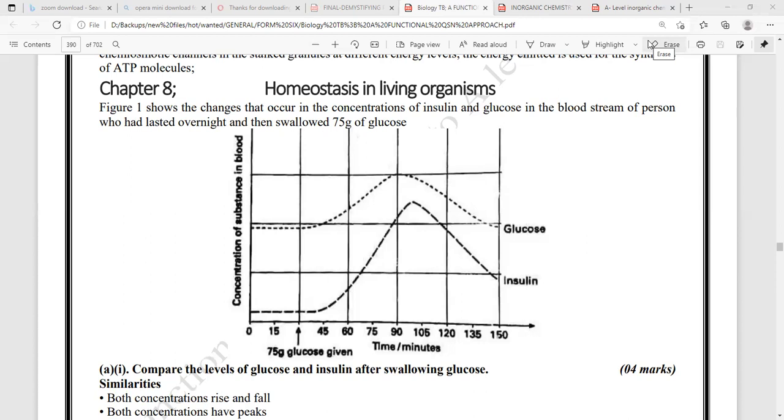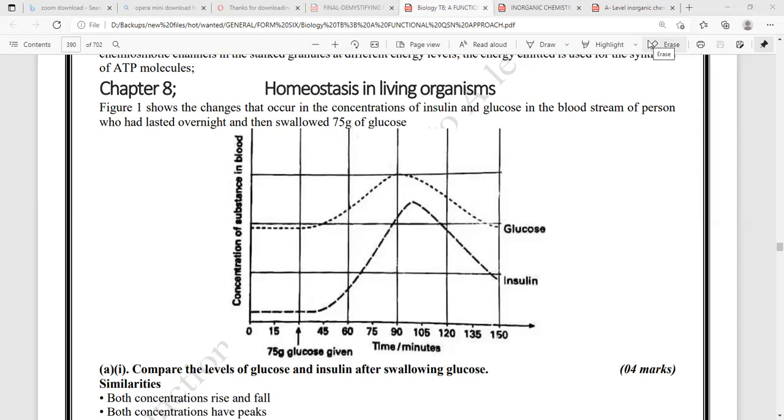When this person is given glucose, the concentration of glucose in the bloodstream increases, and the concentration of insulin in blood also increases.